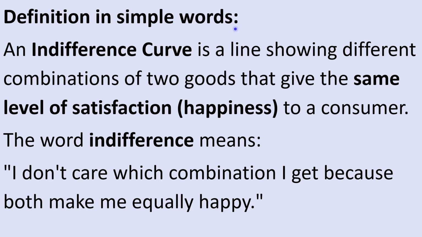Definition in simple words. An indifference curve is a line showing different combinations of two goods that give the same level of satisfaction to a consumer. The word indifference means I don't care which combination I get because both make me equally happy.